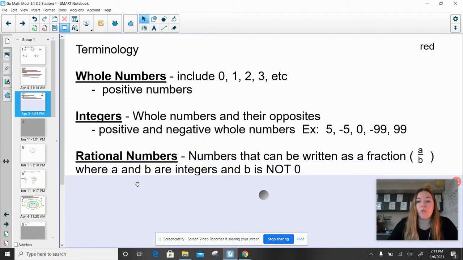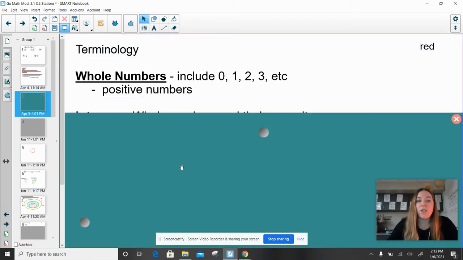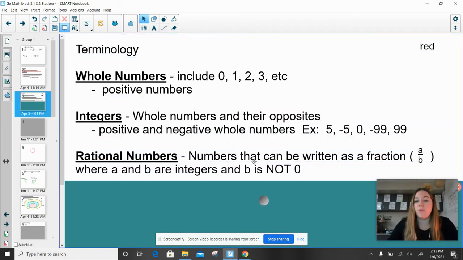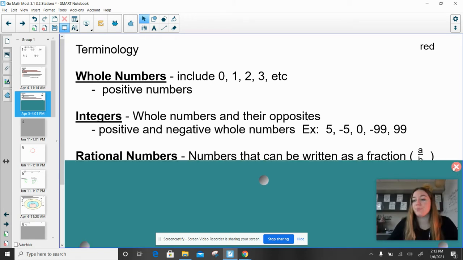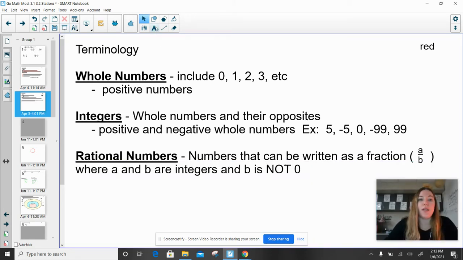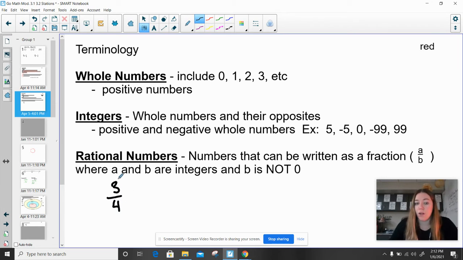Finally, we're going to talk about rational numbers. Rational numbers are all numbers that can be written as a fraction, a over b, where a and b are integers and b is not 0. So that would be things like a regular fraction, 3/4, which has a numerator and a denominator.